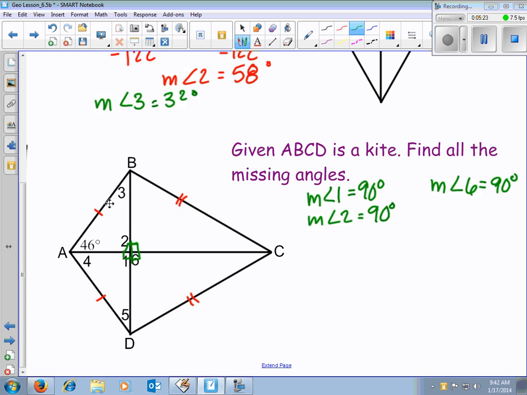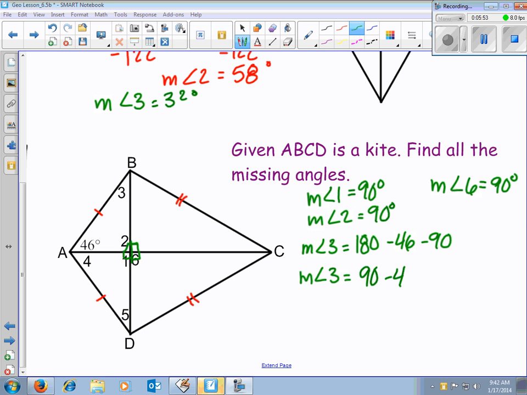Now I can figure out the measure of angle 3. The measure of angle 3 is going to equal 180 degrees minus 46 minus 90, because this one's 46 degrees, this one's 90 degrees, and we're going to subtract that from the 180 degree triangle. So I have the measure of angle 3 is equal to 180, and I know 180 minus 90 is 90, so 90 minus 46 is equal to 44 degrees.